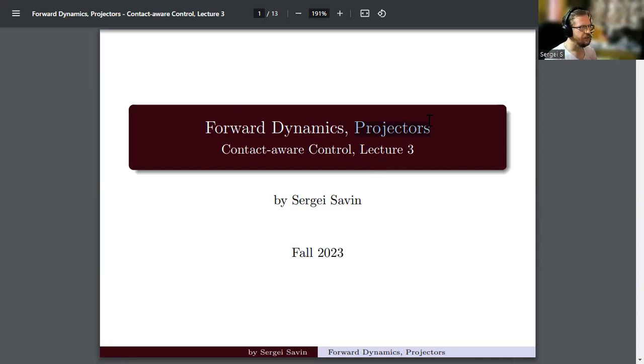When you listen to this first slide, you can ask me, how is forward dynamics a separate topic? Because last lecture, you remember, we finished with the analytic solution to mechanical equations. We described mechanical equations, we saw how mechanical equations with constraints work, and we even found an analytical solution for them, right?